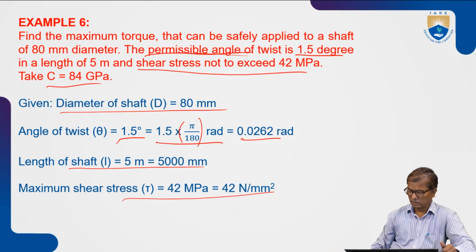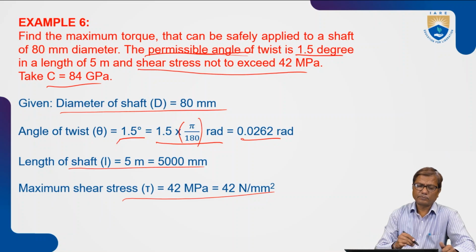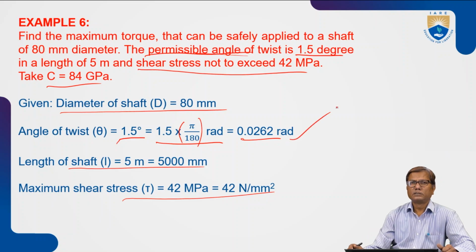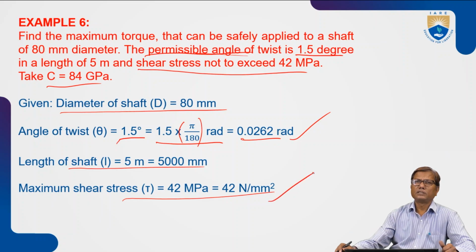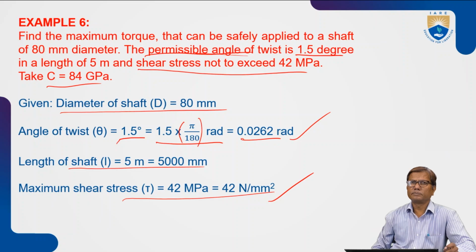So first we will find out the torque based on the condition of maximum angle of twist, and then by using the second condition, maximum shear stress. The least of these two will be considered as the maximum torque that can be transmitted.